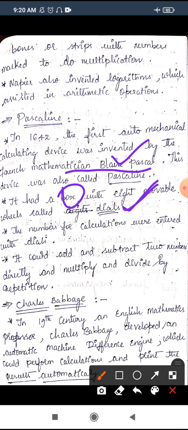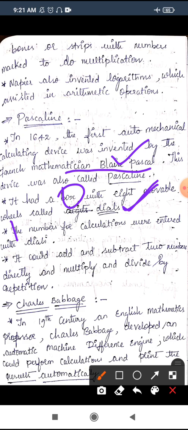The numbers for calculations were entered using these dials. These dials are used to perform addition and subtraction, and later they also helped with multiplication and division. Okay, so this was about the Pascaline.